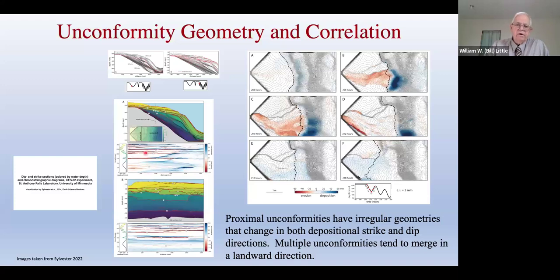As we've mentioned before, there's a greater amount of erosion that decreases basinward in the dip section. There's non-deposition that increases deposition toward the land from the marine section. If we're looking at the strike section, these are pretty much horizontal, because we're looking along the coast rather than from land out into the basin.